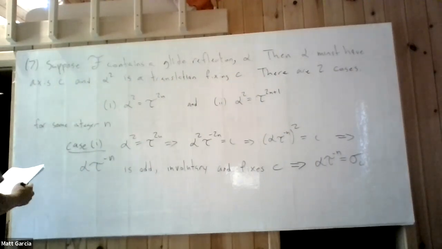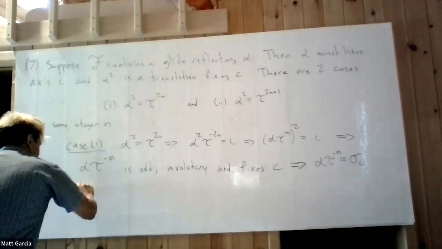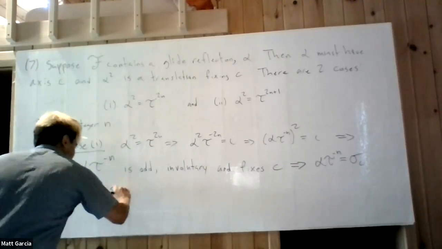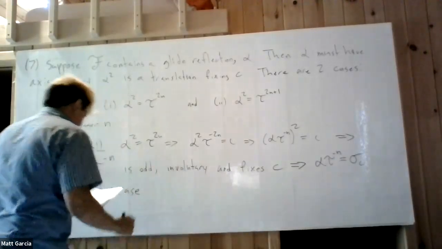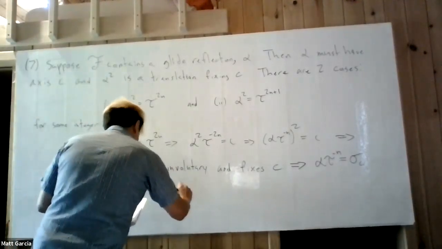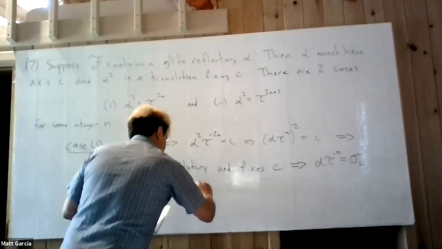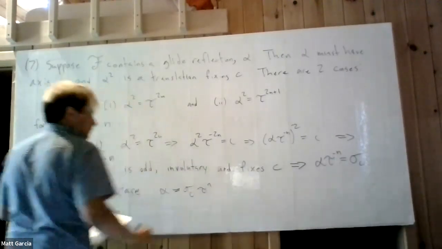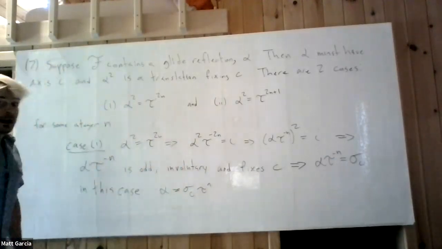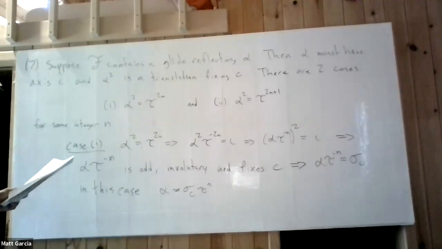Which of course means, in this case, alpha is equal to sigma sub C tau to the n, just by multiplying on the right by tau to the n, both sides of that equation.